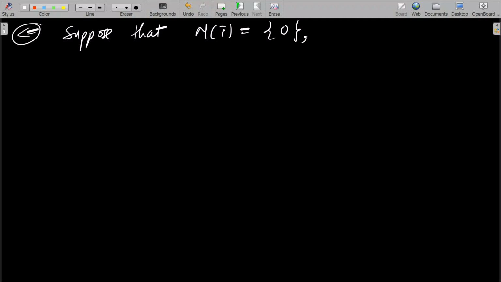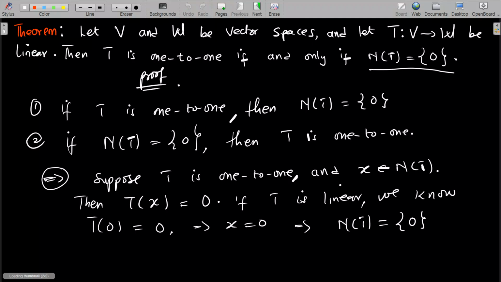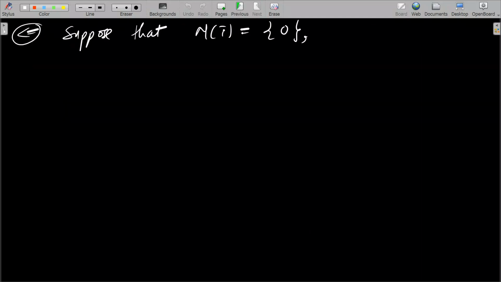How I'm proving this if and only if problem, you can apply in every setting of math. If you have a problem that involves 1 to 1, you can use this approach: the first thing implies the last one, and the last one implies the first thing. There's also a particular way of proving that something is 1 to 1.